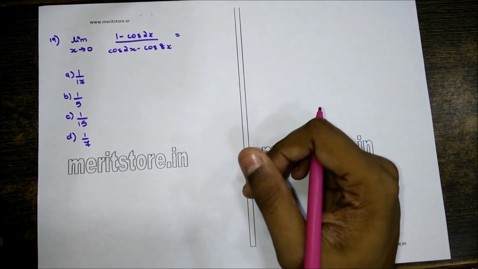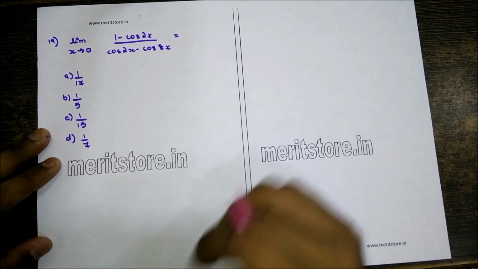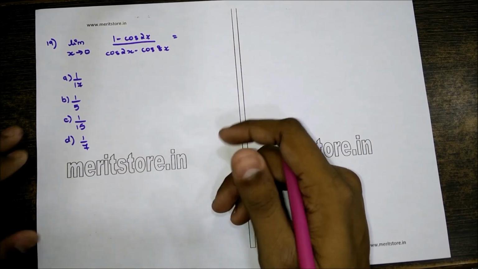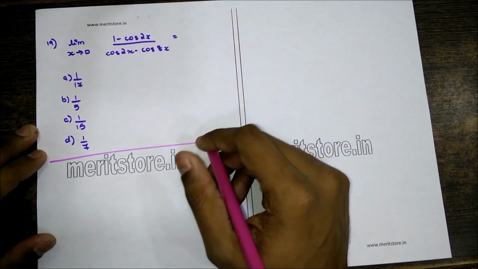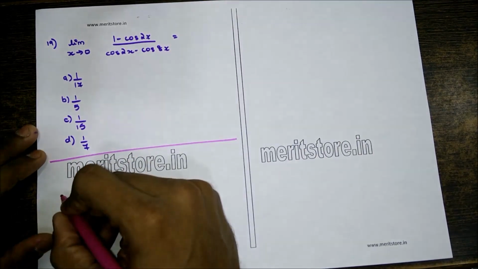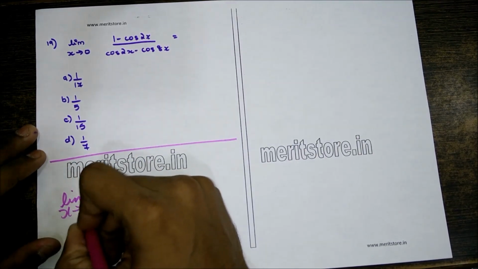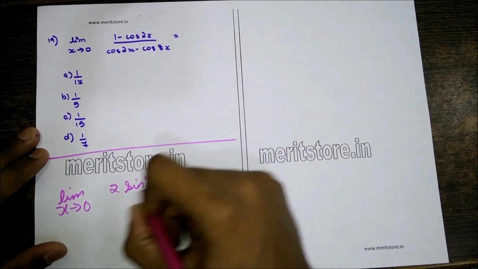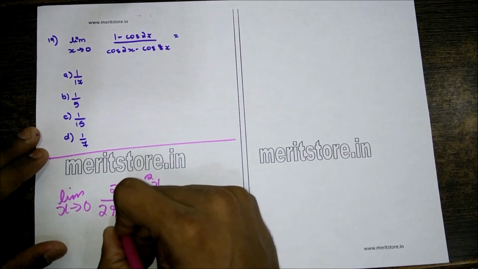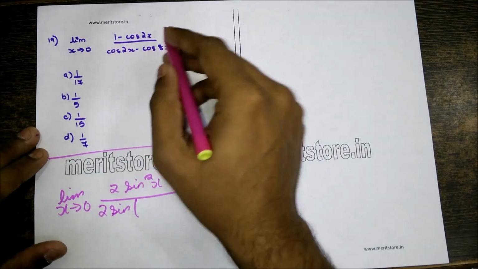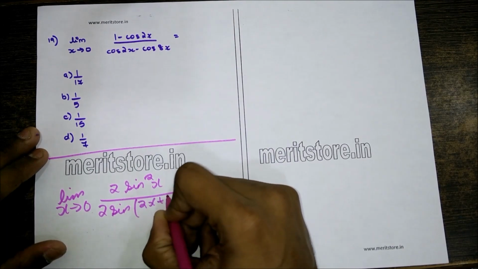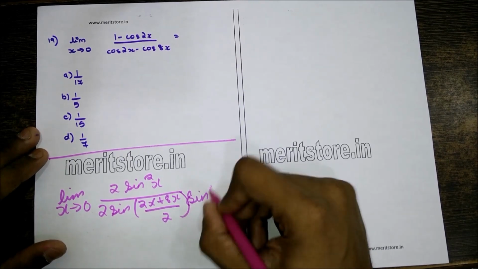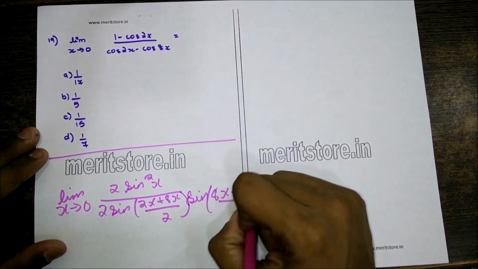Limit of x tends to 0, (1 minus cos 2x) upon (cos 2x minus cos 8x) equals: A 1 by 17, B 1 by 5, C 1 by 15, D 1 by 7. So we can write this equation as limit of x tends to 0, 2 sine square x upon 2 sine, take this as (2x plus 8x) by 2, and sine (8x minus 2x) by 2.